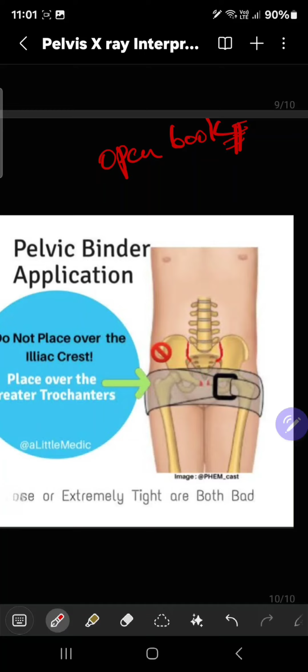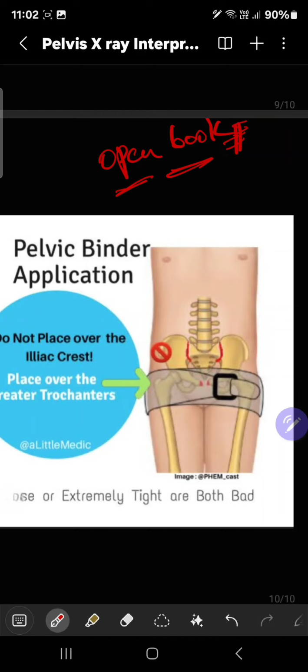There will already be damage to some vasculature, so more blood vessels may get damaged and immediately the patient may collapse and die. So pelvic binder should be applied only to open book fractures.